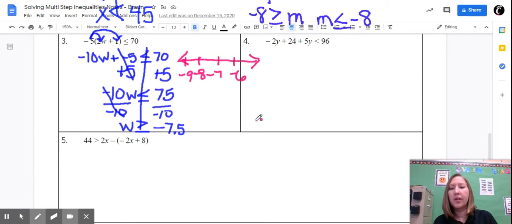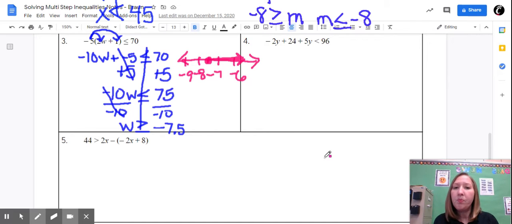So we can kind of show where these are. Now, negative 7.5 is going to be between negative 7 and negative 8, which would be right about here. And since it is greater than or equal to, I am going to put a closed circle on negative 7.5. And since we're looking at greater than, I'm drawing my arrow to the right towards our bigger numbers.